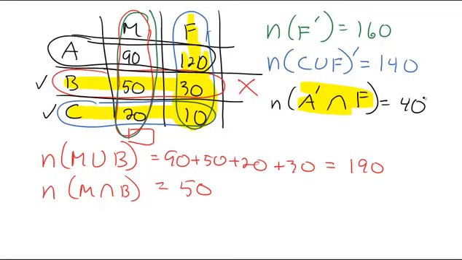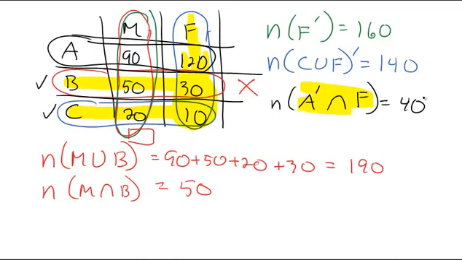Okay? And that's how you want to tackle tables, guys: draw the table out on your scratch paper if you have to. And then as they ask you questions for numbers of things, just start circling the appropriate rows and columns. If it's a union, you know that you put everything together and you make sure not to count the overlap twice. If it's an intersection, then of course you look for that overlap and that's all you count. If they're asking you to do complements, it might be easier to scratch things out.